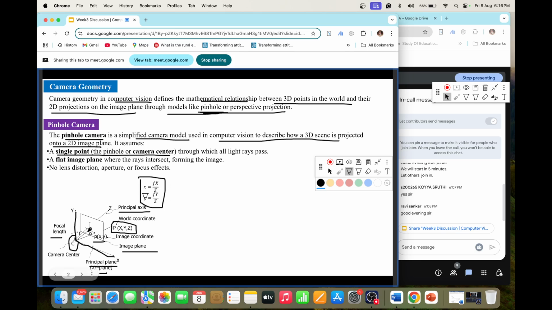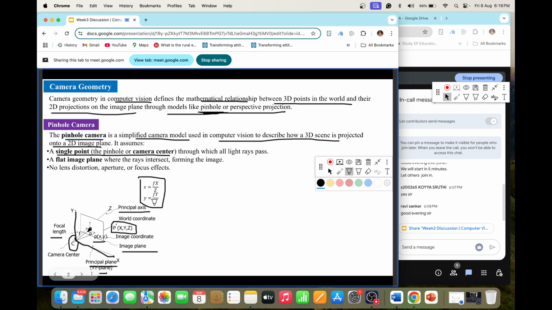Similarly y is f, the focal length, into the y coordinate of the real space divided by the z coordinate of the real space. So that is how we can calculate x, y from capital X, capital Y, capital Z. That is the image point from our real world point.